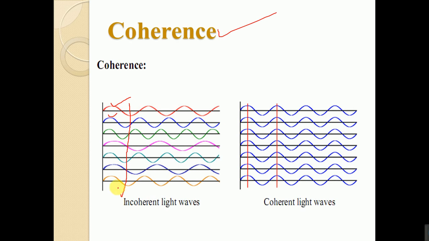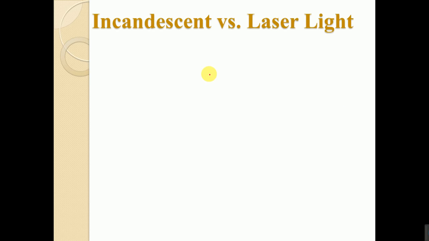They are at different places. But in this case, there is a complete matched pattern in which all the waves have the same phase, almost zero phase difference, or if there is a phase difference, it remains constant. That is the property of coherence.